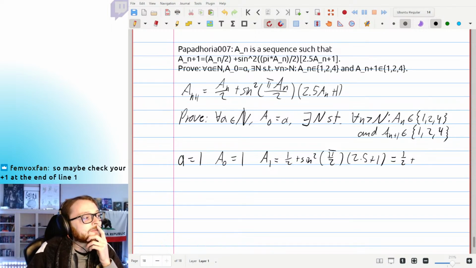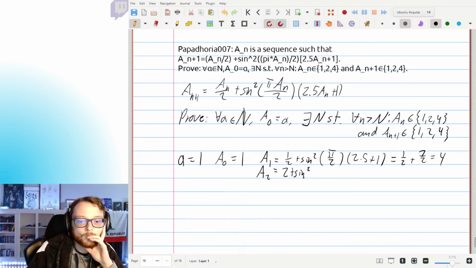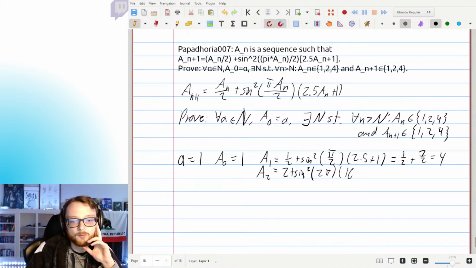2.5 is 5 over 2. 5 over 2 plus 1 is 7 over 2. So we immediately get to 4 here. Now what is a sub 2? We get 2 plus sine squared 2 pi, 2.5 times 4. 5 over 2 times 4 is 10.